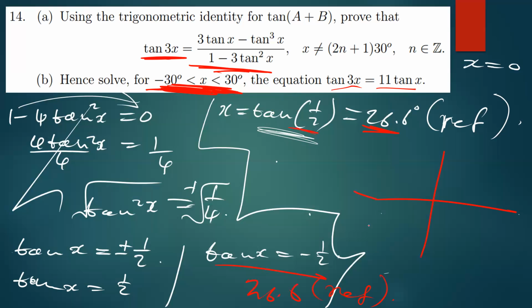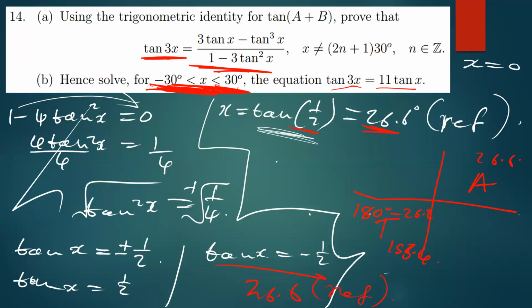So tan is positive where? In the third quadrant and the first quadrant. In the first quadrant, the answer is 26.6. Then in the third quadrant, the answer will be what? 180 degrees minus 26.6, which is 153.4. But 153.4 is not in this range, because the range we've been given is just from negative 30 to 30.